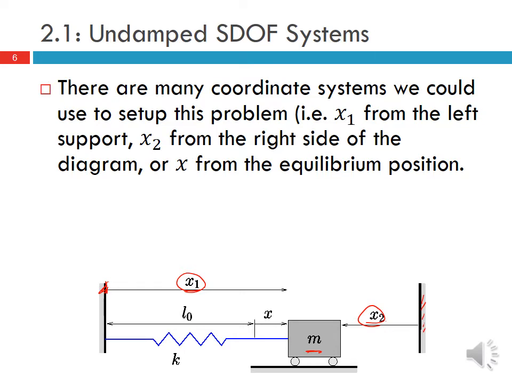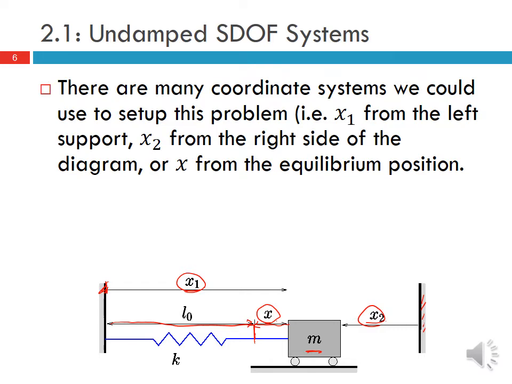Or we could choose to use x, which would be the distance from the equilibrium position. So if this is the unstretched length of the spring, L naught, the mass would be in equilibrium when the spring has the length of L naught, and so the distance x here is the distance away from that equilibrium position.